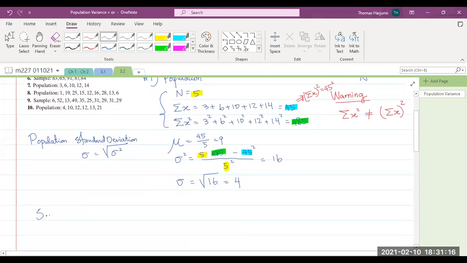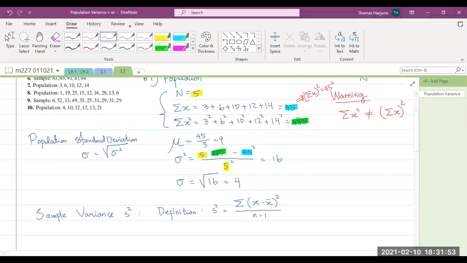we need sample variance. Sample variance is very similar. The notation is S squared. Okay, definition formula, which we will never use. S squared equals the sum of the square of the errors of each data divided by n minus 1.